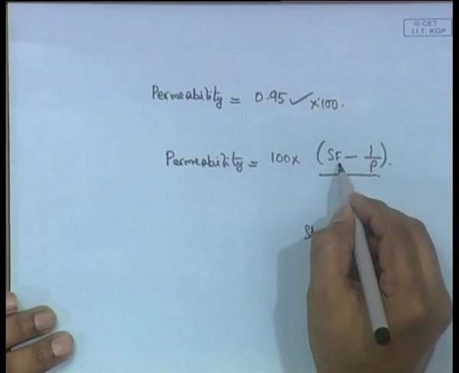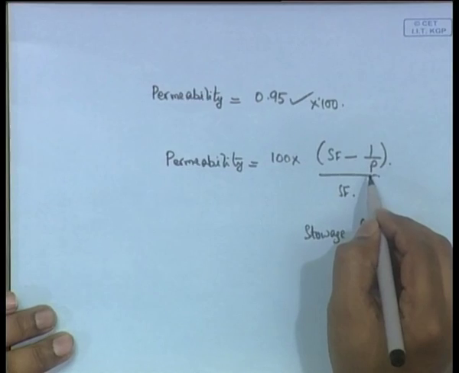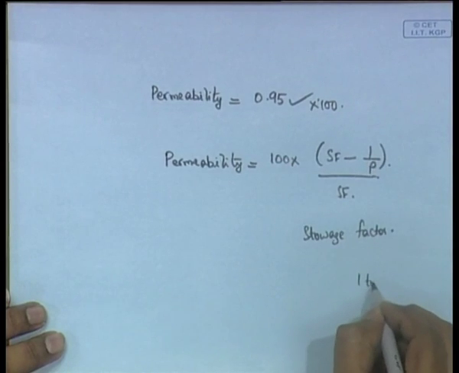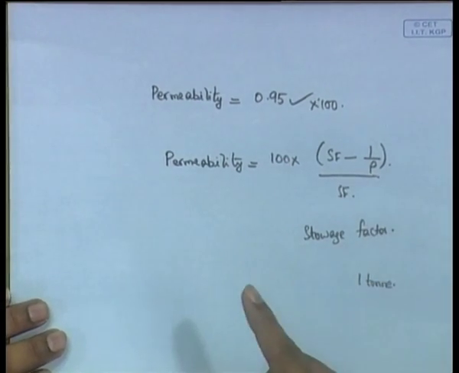It is the amount of cargo really that you can put. Then 1 by rho. So this is SF, which represents the volume of the compartment, minus 1 by rho, where rho is the density of the cargo that is put. Therefore, 1 by rho is like a specific volume, assuming that 1 ton of cargo is taken. That is how stowage factor is also defined.